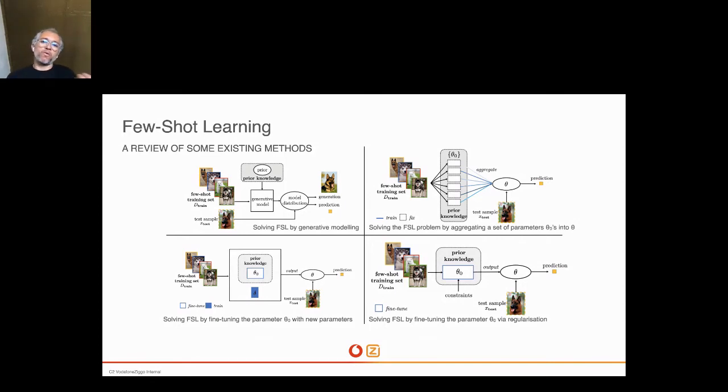So how confident is the model that this is a dog, and then use it, combined with the test image you give it, to produce a prediction, like a probability distribution of what it has seen.